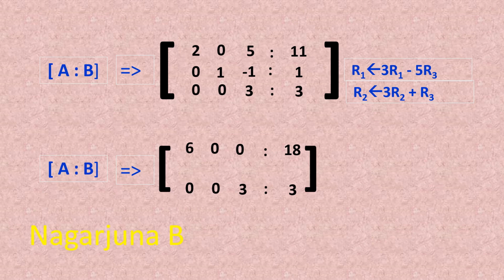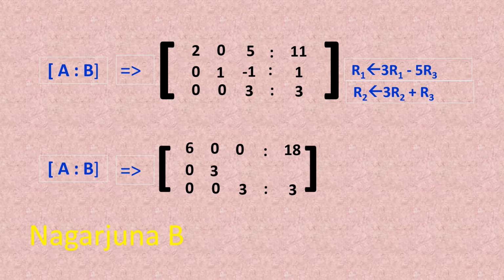So now do the calculation. The first element of R2 is 0. 3 into 0 is 0, plus the first element of R3, which is 0. 0 plus 0 is 0. Then next, R2's second element is 1. 3 into 1 is 3, plus the second element of R3, which is 0. 3 plus 0 is 3.